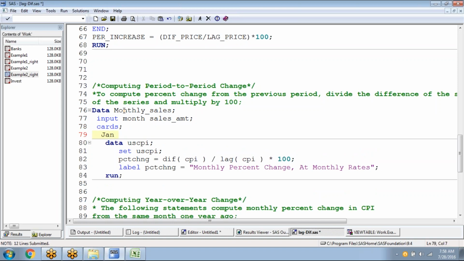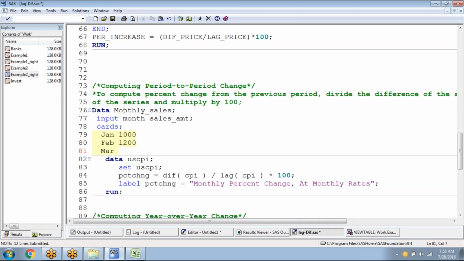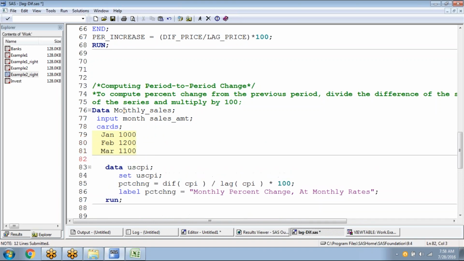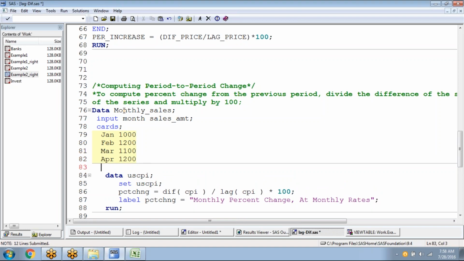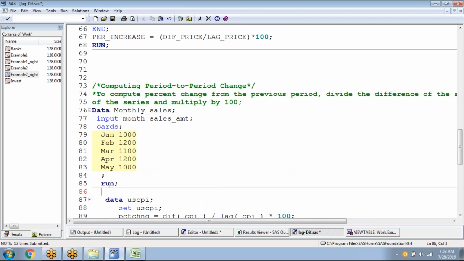Let's say you have Jan, $1,000, and in Feb the sale was 1200, in March 1100, April 1200, May 1000. I'll take only five values for the time being.